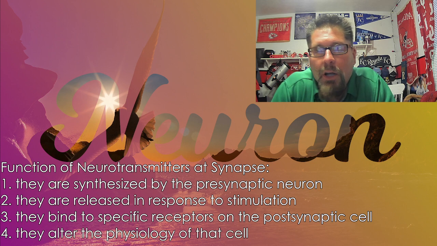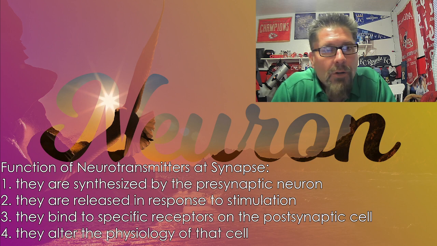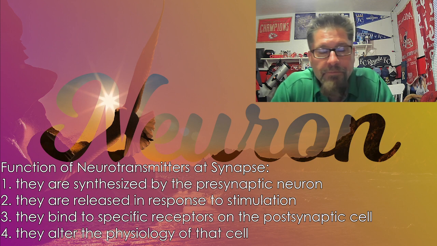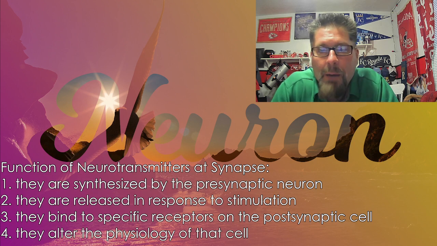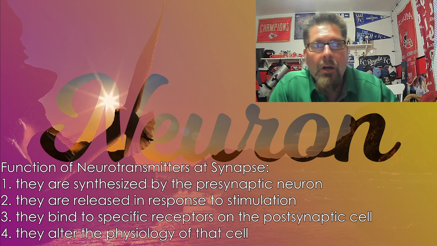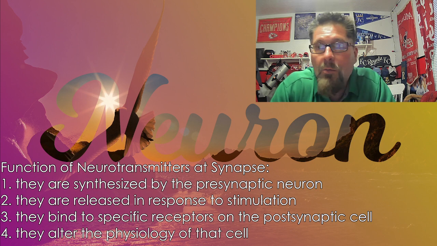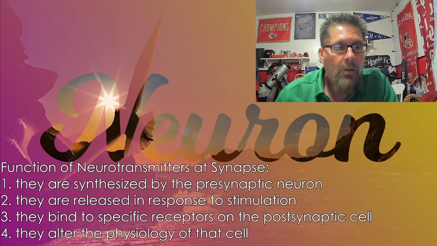Anytime you're going to enter a cell through its membrane, one of the things stressed in your biology classes is that there are specific protein receptors for specific molecules, and neurotransmitters are no different. They have certain ones that they bind to, and once that happens, they're going to alter that cell as far as its action and shape, as it passes that signal on down the road.